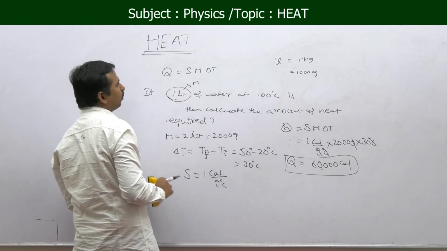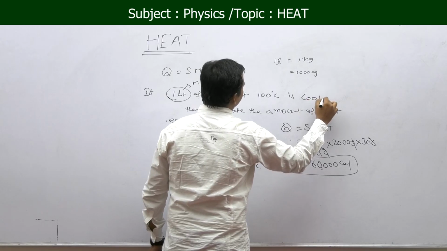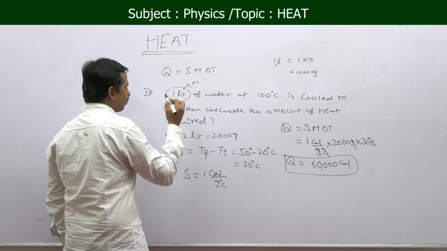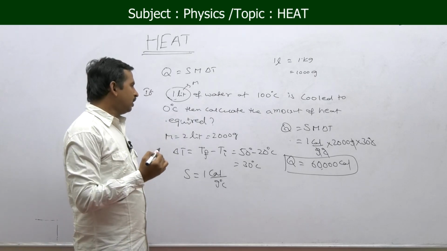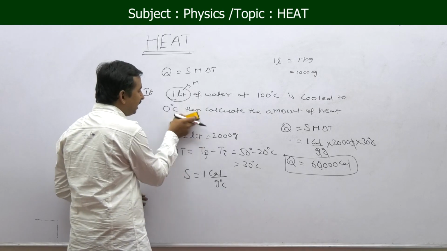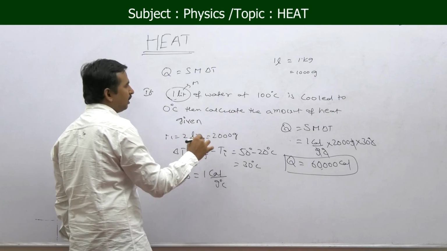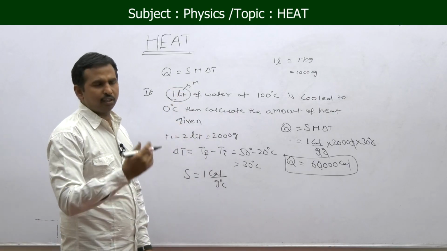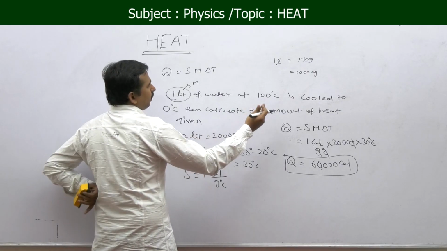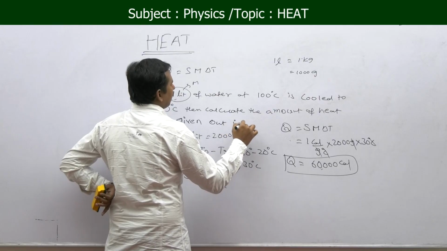If 1 liter of water at 100 degrees Celsius is cooled to 0 degrees Celsius, calculate the amount of heat given out. Because now there is a decrease in temperature, there is a loss of heat energy. So find the amount of heat energy given out in calories.